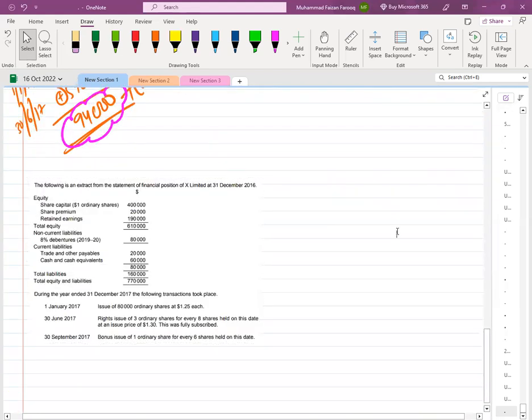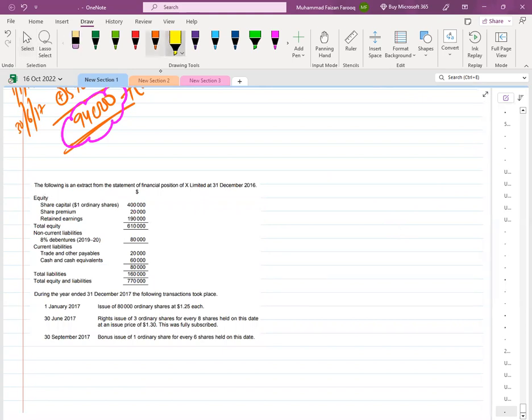This is the equity, right? Correct or wrong? Yes. The equity was 610,000. Am I right or wrong? It is correct.